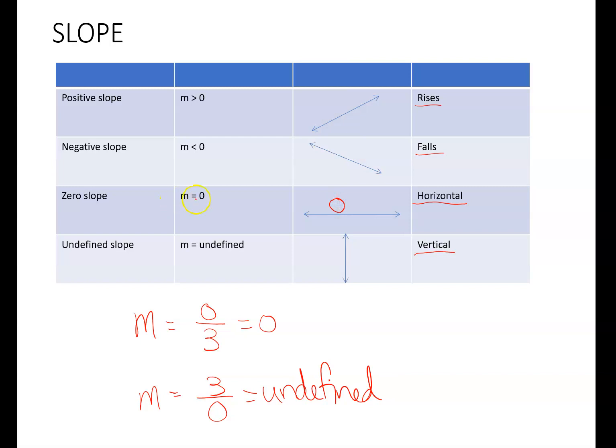So horizontal slope is 0. If you try to put a 0 on a vertical line, it will just roll off. So the slope of a vertical line is undefined. And that may seem kind of silly, but anything that you can do to help you remember which is which. And then one more thing, having a slope of 0 is actually having a slope. That's not the same thing as no slope. 0 is a number, and it is a slope.